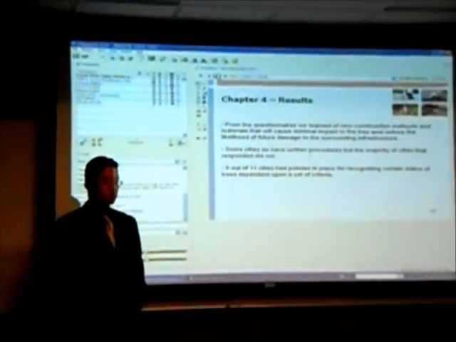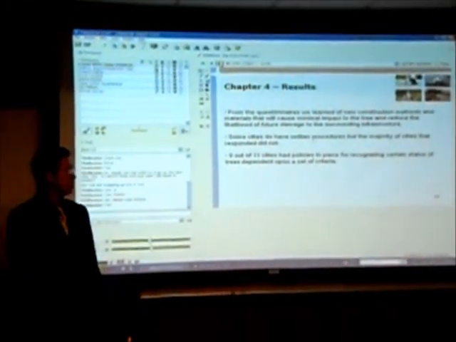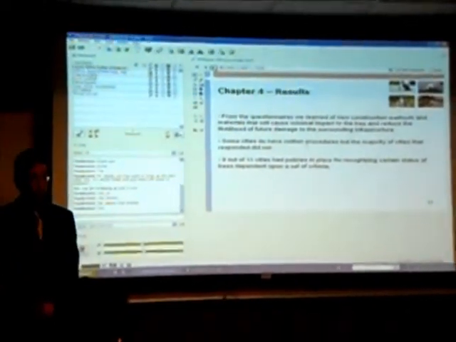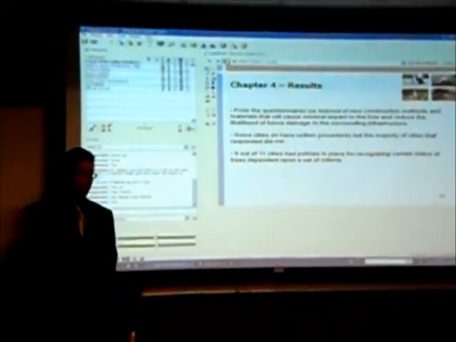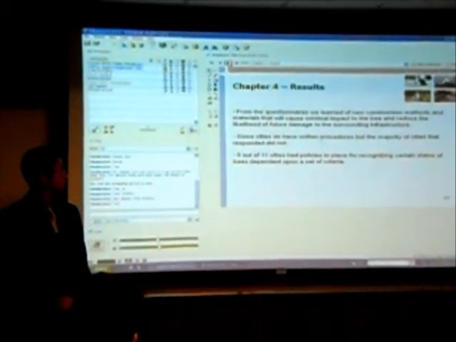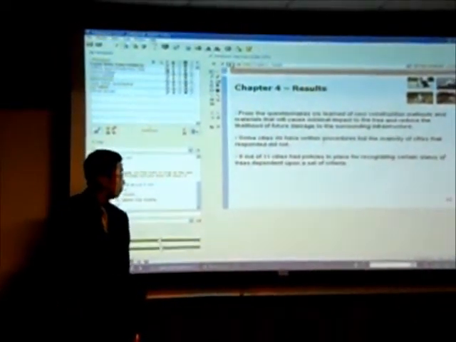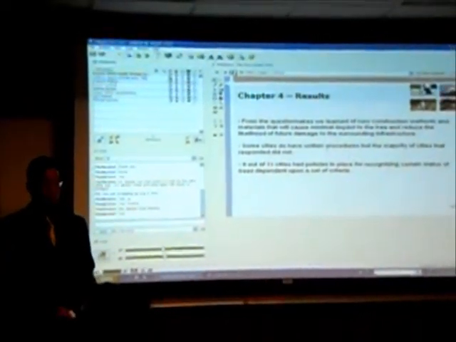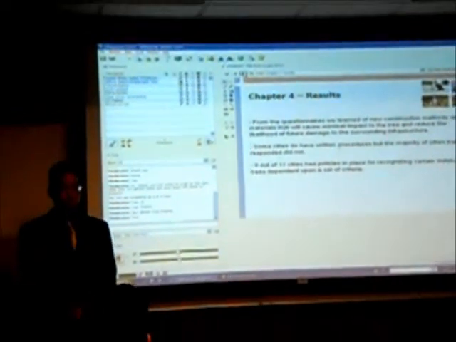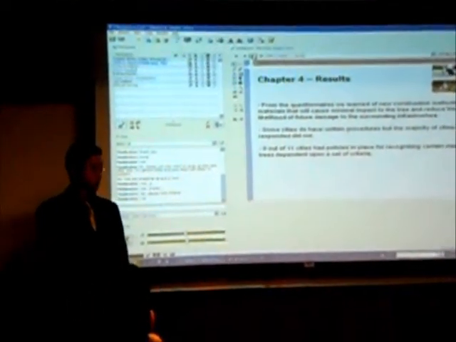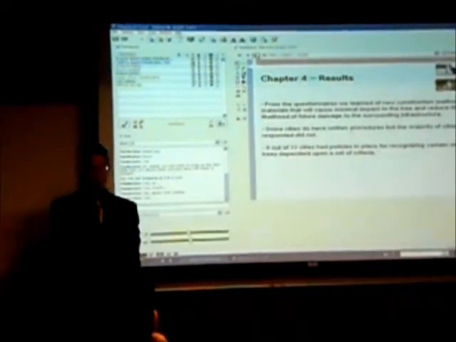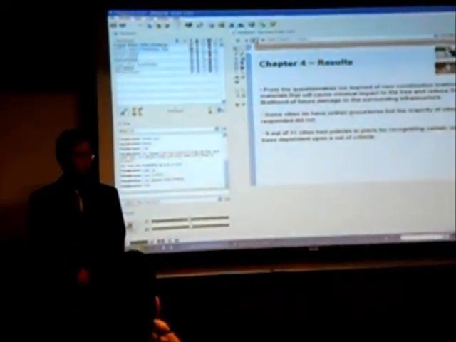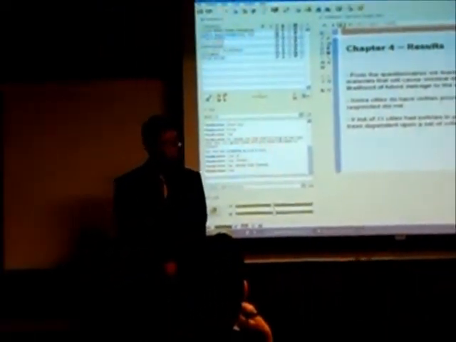From the beginning of our research, we set out to answer three questions. In answering those questions, we observed from the questionnaires that there are new methods and materials being used in other cities that are not being used in San Diego. We also observed that out of the cities that responded to us, a very small number actually had written policies and procedures in place when they go out to evaluate sidewalk problems, and there's very little documentation on the methods of repair of those sidewalks.